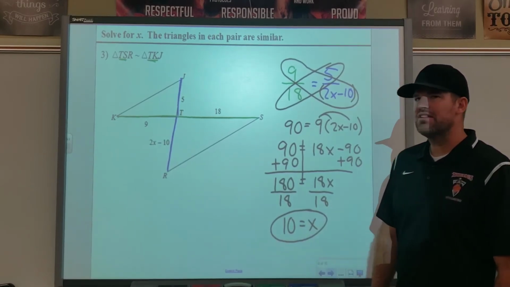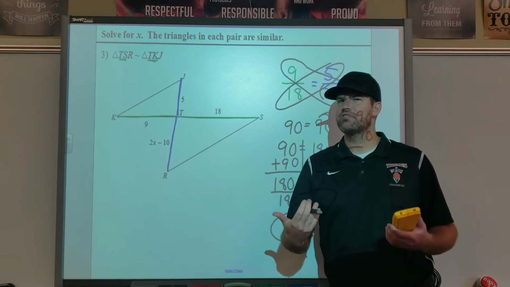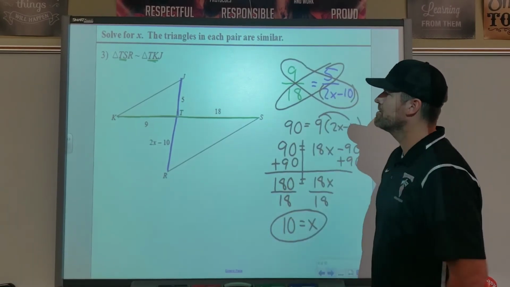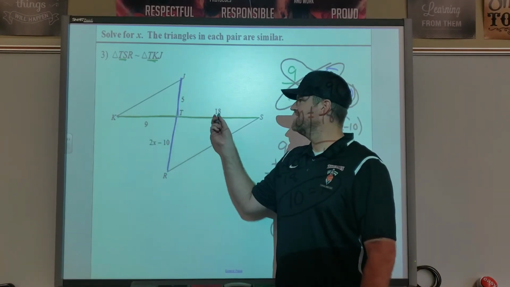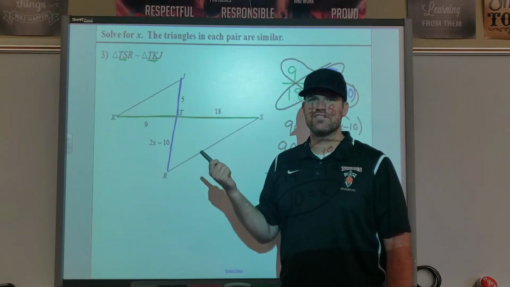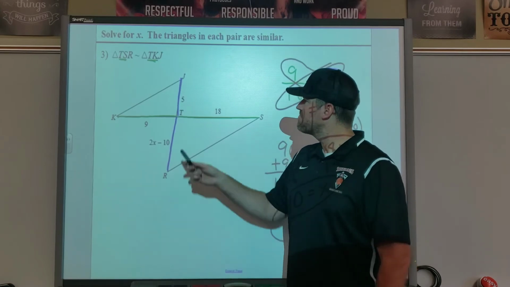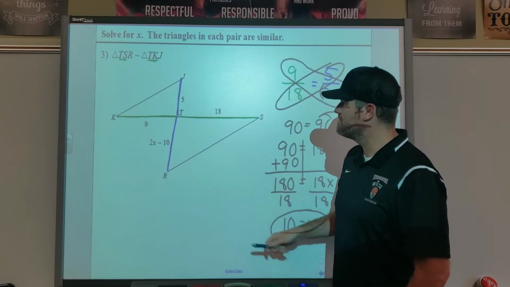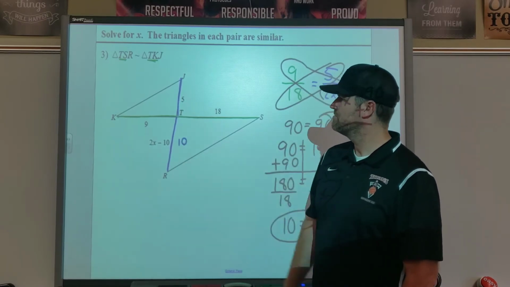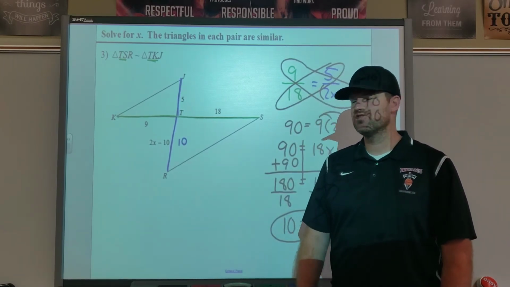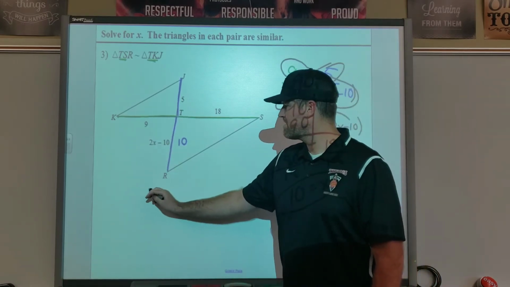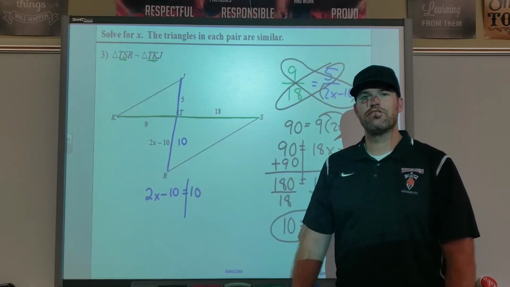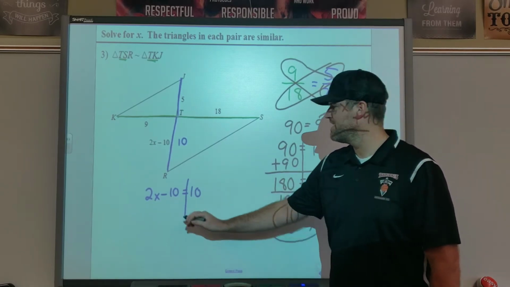Nice. Now, this is one where you might look at it and just use the idea of scale factor and do this problem without even doing all this work. I know to go from 9 to 18, what's my scale factor? It's 2, right? So if this is 5, what does this length have to be? Well, this length would have to be 10, to keep the scale factor of 2. So then I could do 2x minus 10 equals 10, and then just solve that equation.